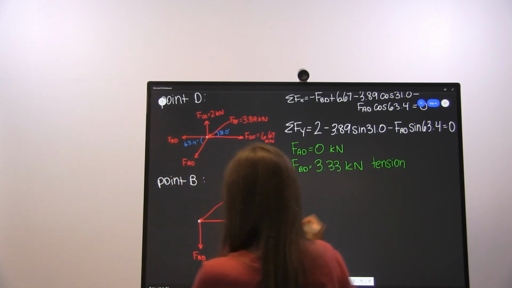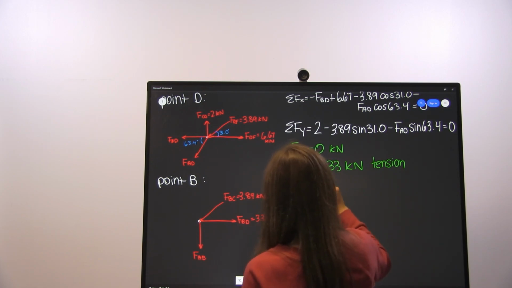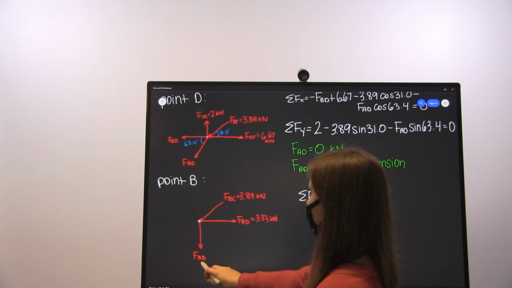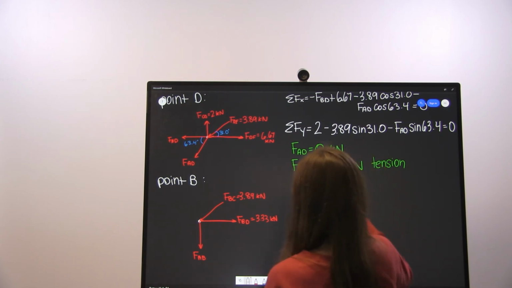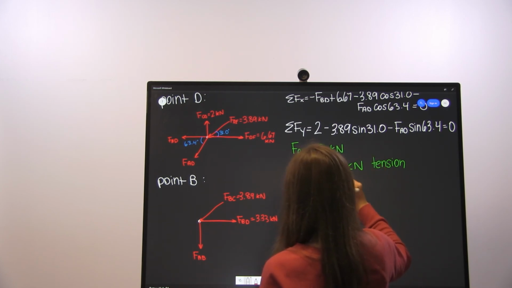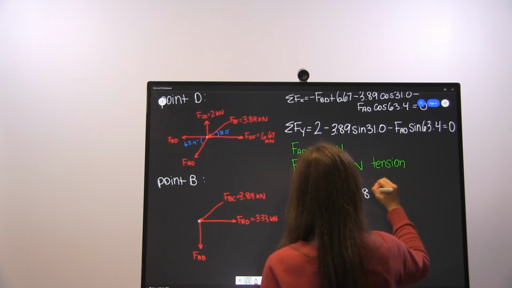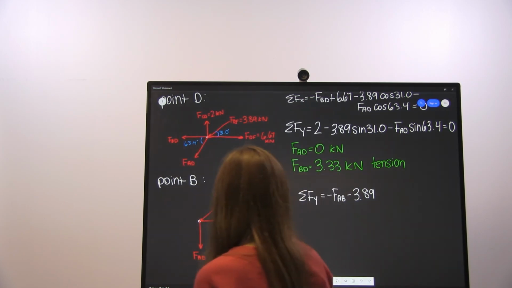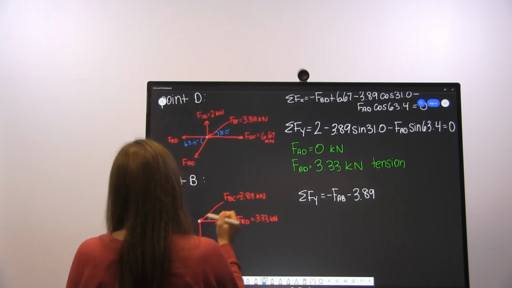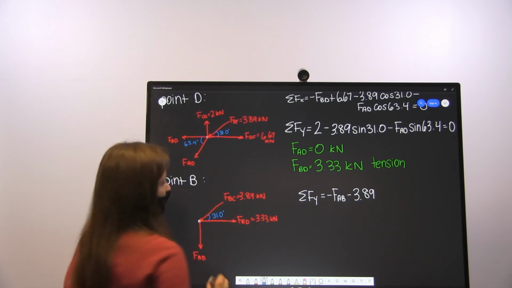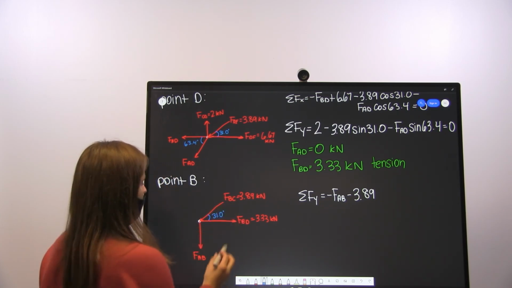So we actually only really need our forces in the y for this one, because we just want to find force AB. So we're going to do negative AB, because it's pointing down, minus 3.89, and then this right here again, this is our 31.0 degrees, and we're just going to be solving for the y component.